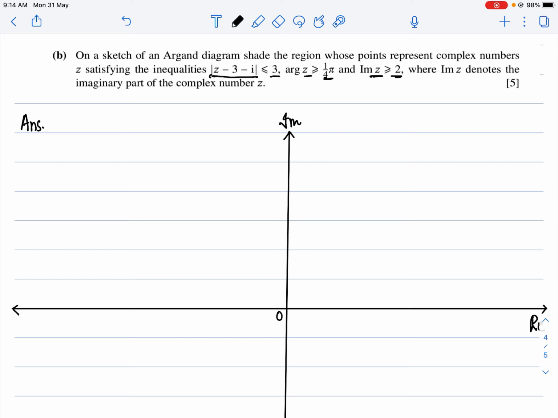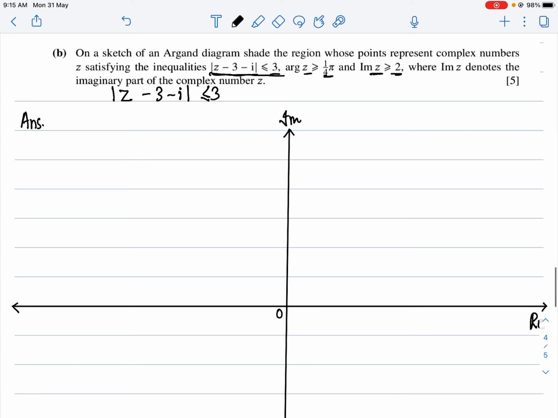So let's focus on the circle first. I have modulus of z minus 3 minus i, which is less than or equal to 3. Now you need to be very thorough with your concepts. You need to know the exact form of the circle. So here we take negative common, so we get z minus (3 plus i), less than or equal to 3.